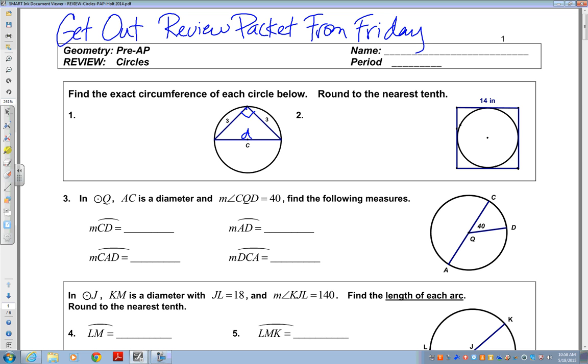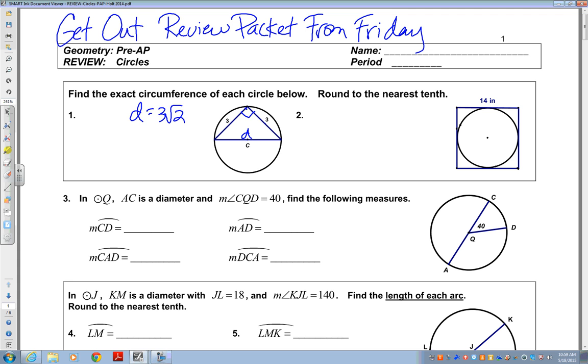No, you shouldn't have to use Pythagorean. What is the diameter? No, not 6 root 2. The diameter is 3 root 2. You said 6 root 2. I have it on paper. Because the two legs are congruent.